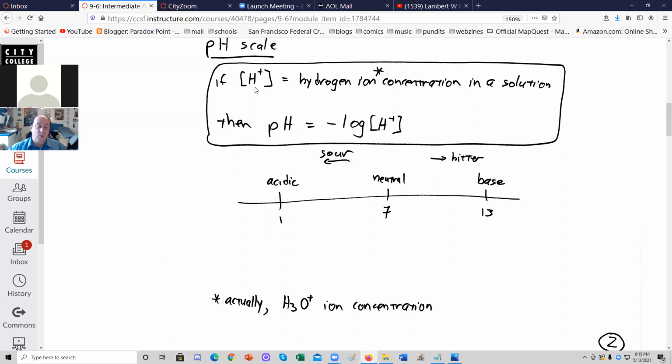What usually happens in water is that it attaches itself to a water molecule, and so you get an ion H3O+. So really, that's what this is a concentration of, H3O+. So minus the common log. A lower pH, because of the minus, means a higher level of hydronium ion, and that makes it acidic and sour. A larger value of pH means a lower value of the ion concentration, and therefore basic or bitter.